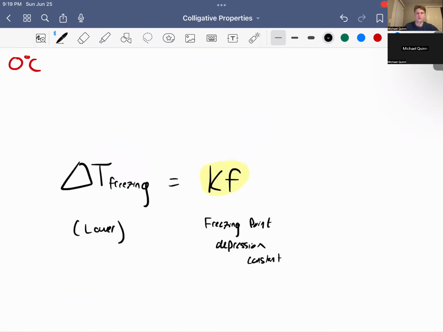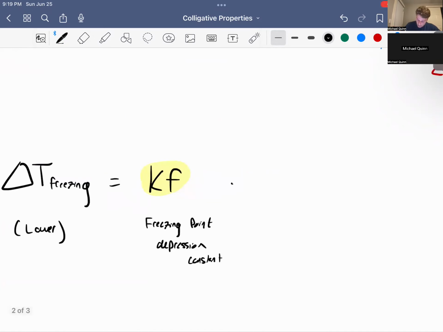And again, this will be from a table. You would not memorize this for every liquid, times colligative molality. This is colligative molality.